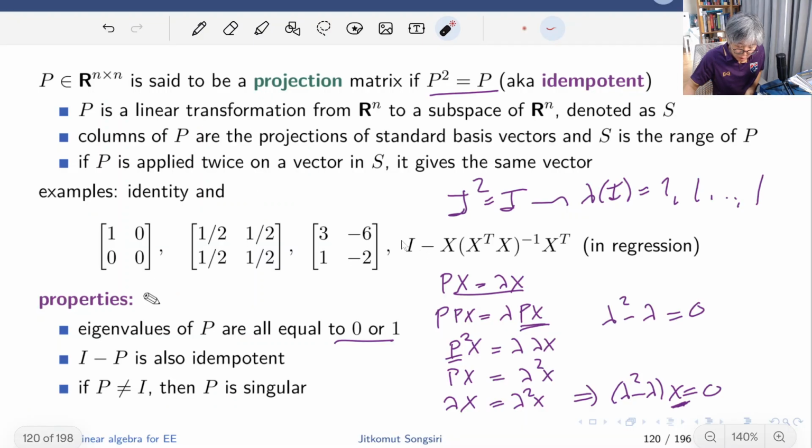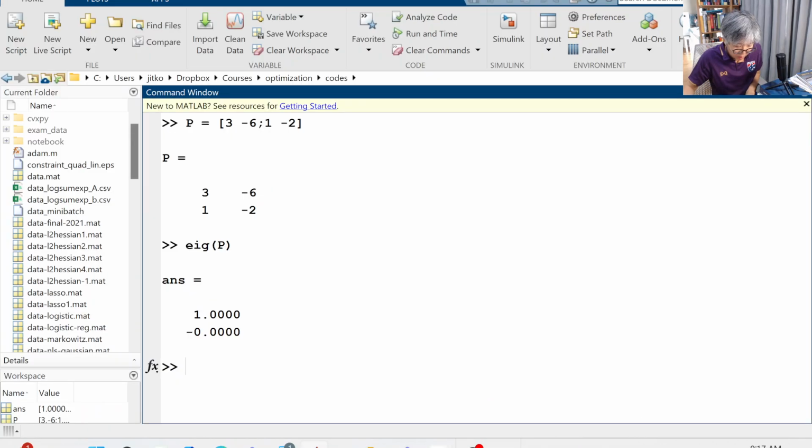Now I'm going to generate something that looks like this term. This matrix appears a lot in regression. It uses X as a tall matrix, so I'm going to generate X as a tall matrix, and it's also full rank.